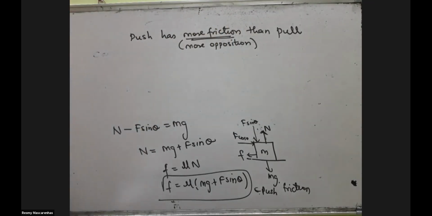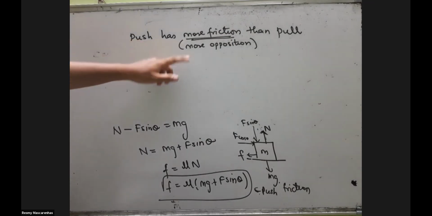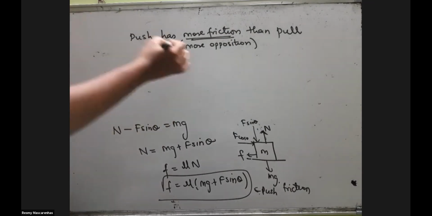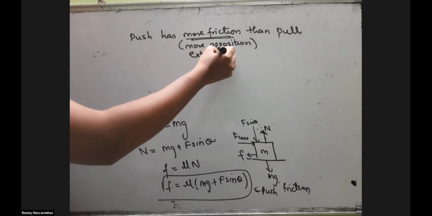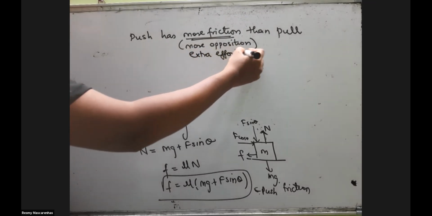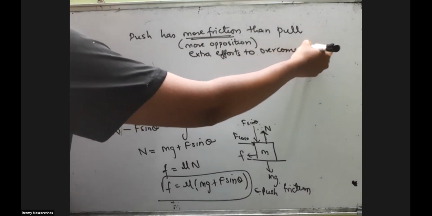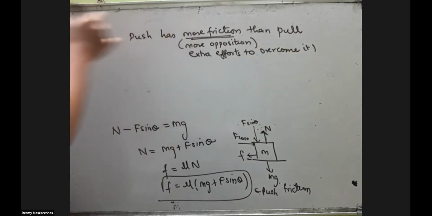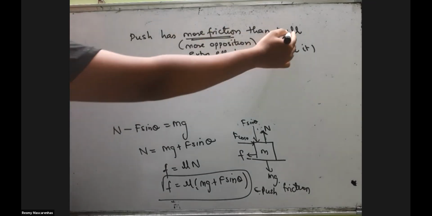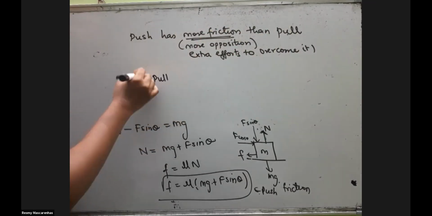More friction means it will try to oppose more, so you have to put in extra effort. More opposition means extra effort to overcome it. So definitely pushing will become difficult. Therefore pull is easier.